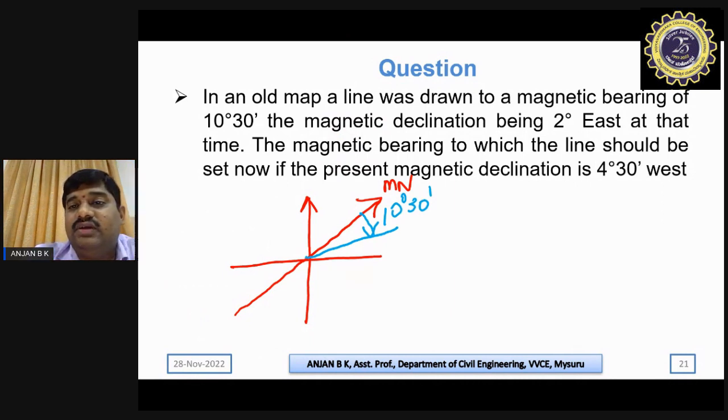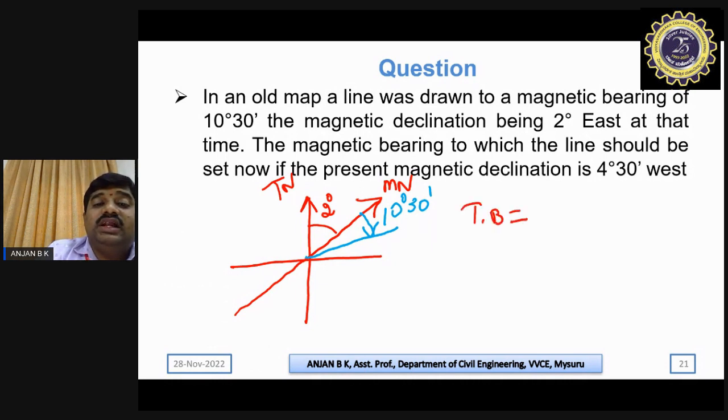At the time when it was measured, it had a declination from true north to magnetic north of 2 degrees. So the true bearing at the time of measurement is not actually 10 degrees 30 minutes, because the declination is towards east, it is 10 degrees 30 minutes plus 2 degrees. Therefore the true bearing will be 12 degrees 30 minutes.